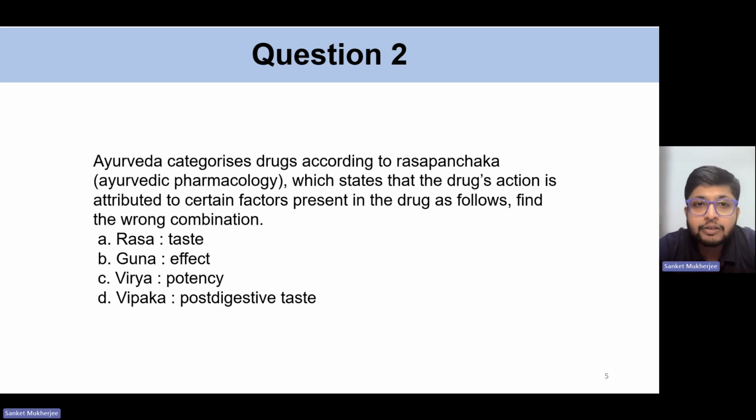Ayurveda categorizes drugs according to Ras Panchaka, Ayurvedic pharmacology, which states that the drug's action is attributed to certain factors present in the drug as follows. Find the wrong combination. Is it A, rasa or taste, B, guna or effect, C, virya or potency, or D, vipaka or post-digestive taste? I'll give you a minute to think on this and then we'll discuss the answer.